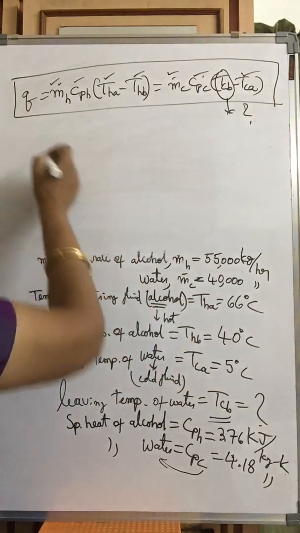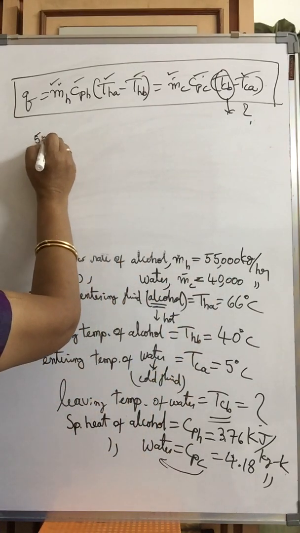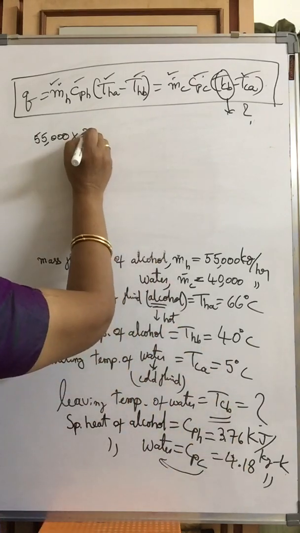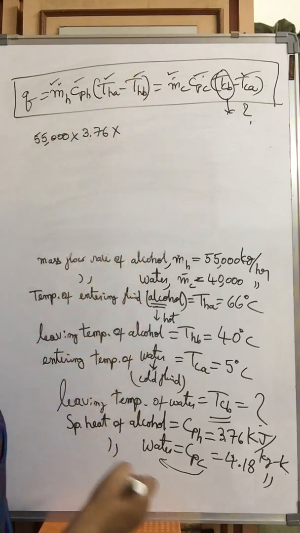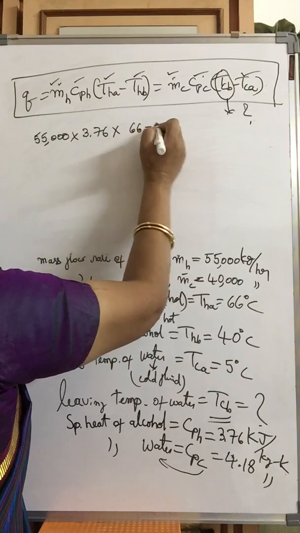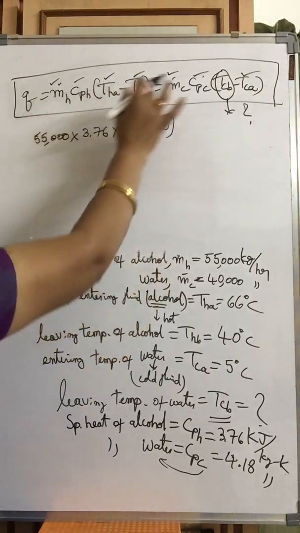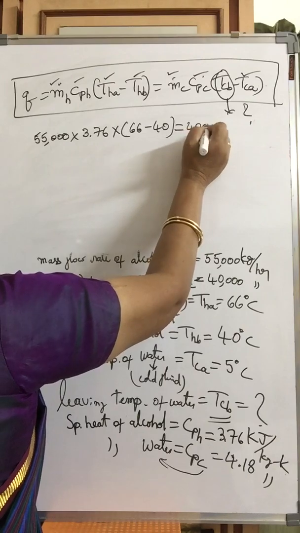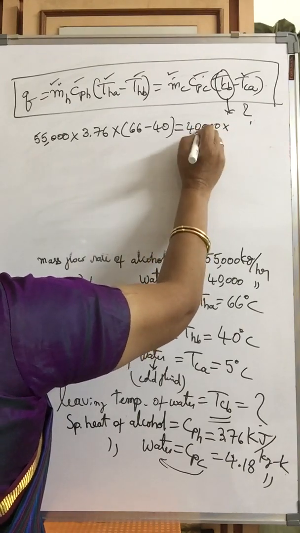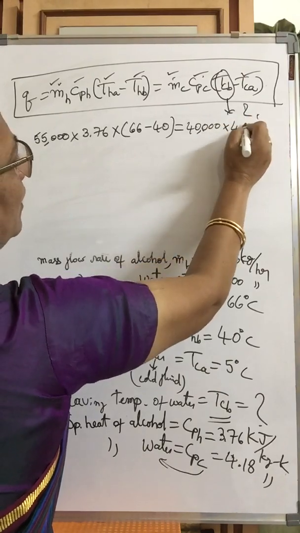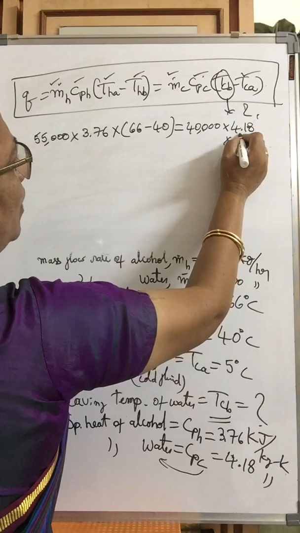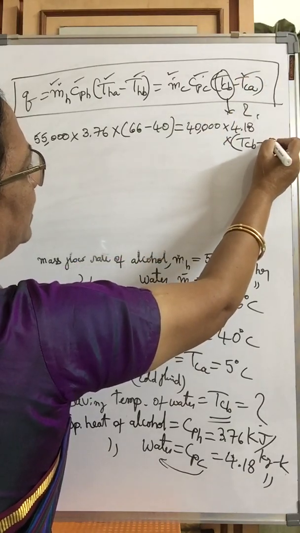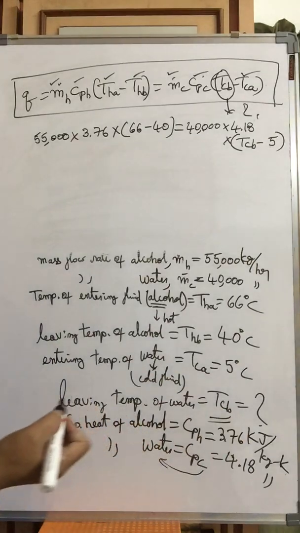So here we shall substitute the values. M dot h 55,000 into CpH, which is 3.76, into THA 66 minus 40, is equal to 40,000 into 4.18 into TCB, keep it TCB only, minus TCA, which is 5 degrees centigrade.